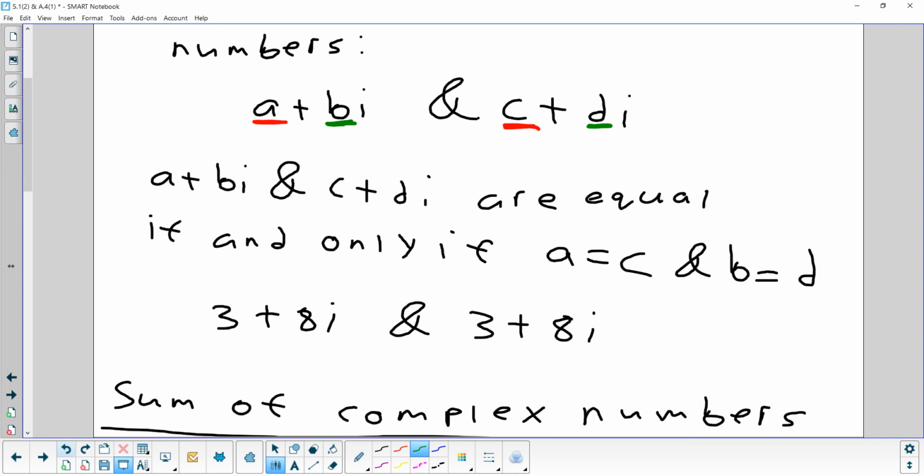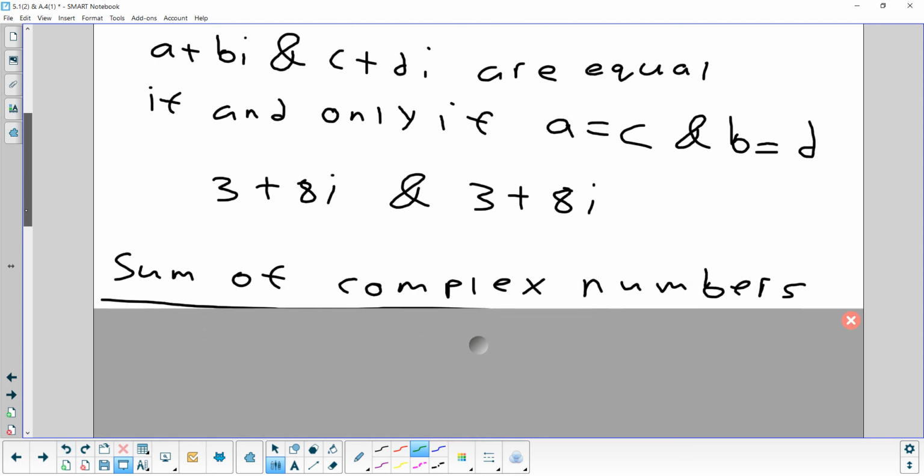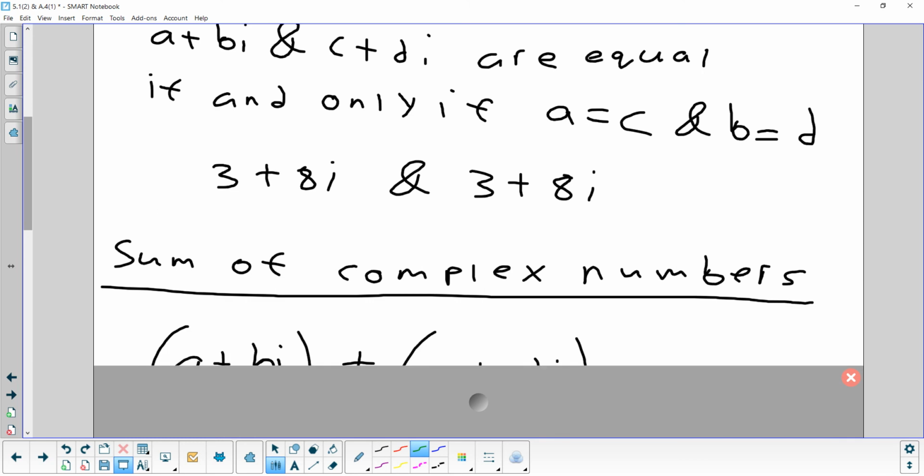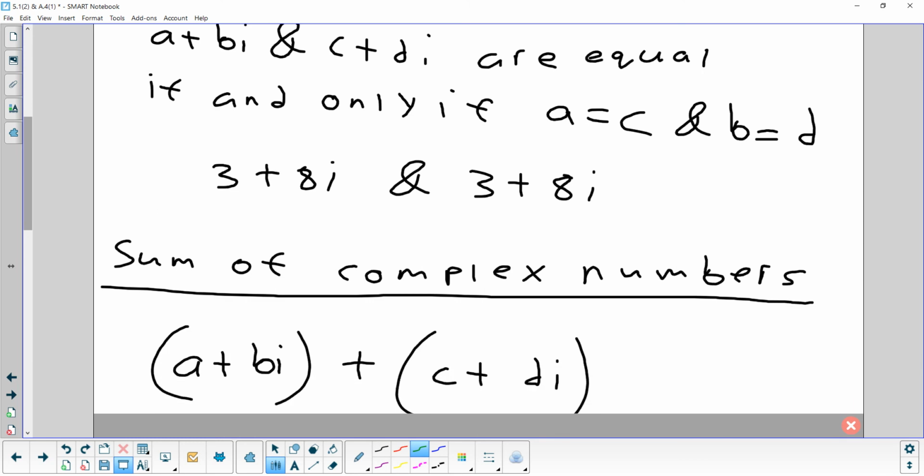All right. So the last two things we're going to look at is how do you add complex numbers together and how do you subtract them. Well, adding and subtracting is pretty straightforward. Think of it as combining like terms.